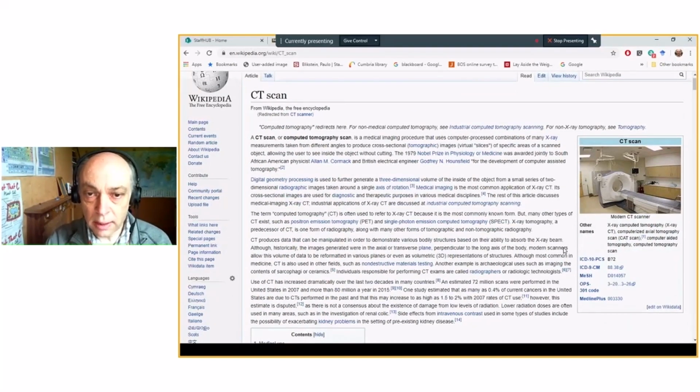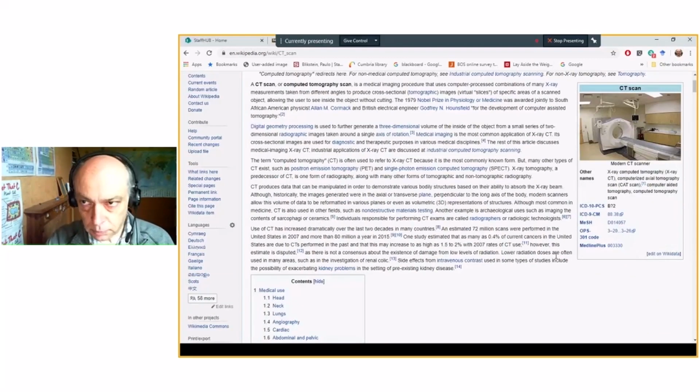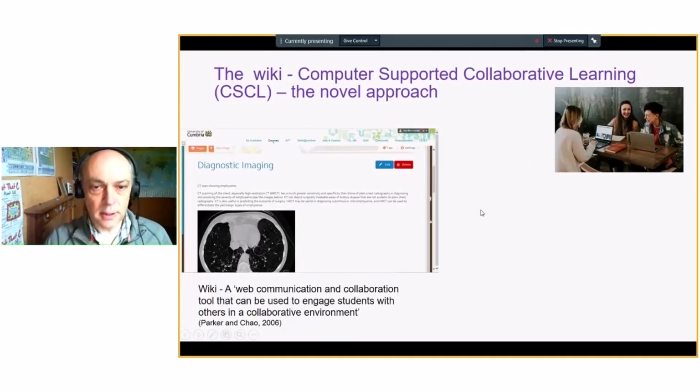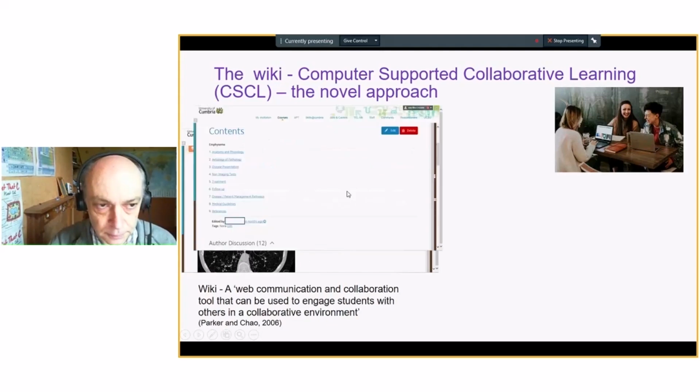So the idea was for students to produce a Wikipedia page essentially around heart disease, in that example I gave there. So I can come back to the presentation, and this is an example of a wiki. Wiki is Hawaiian for quick. It's a very quick and hopefully straightforward way of presenting information online. So this is the wiki that the students produce about diagnostic imaging using CT here, and a contents page as well.